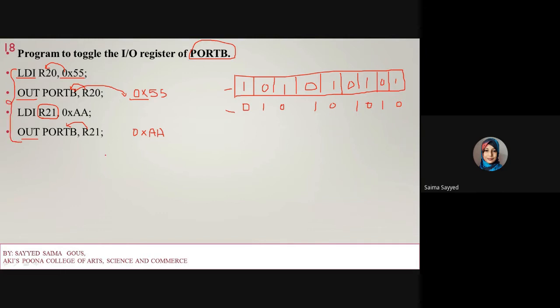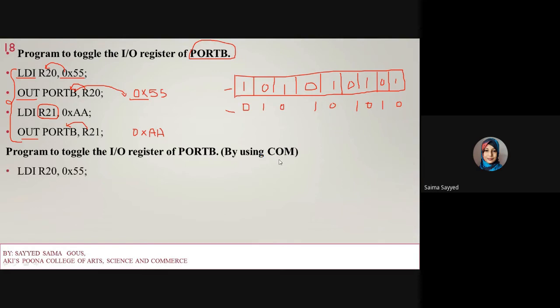Now for continuous toggling, we can use a different instruction also, that is the complement instruction. So this is LDI R20, 0x55, that means 0x55 gets loaded to R20, then OUT, the contents of R20, that is 0x55, get loaded to port B, then complement R20.